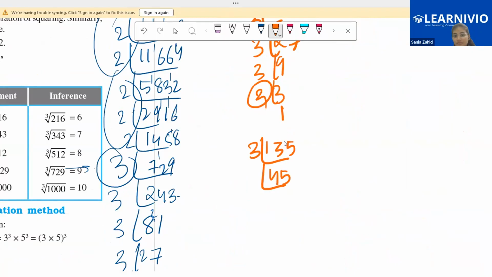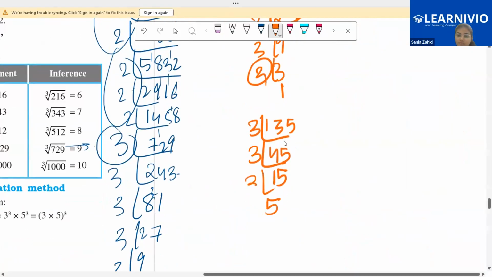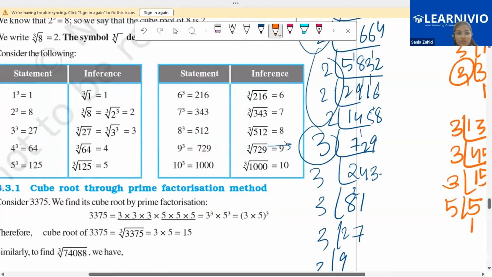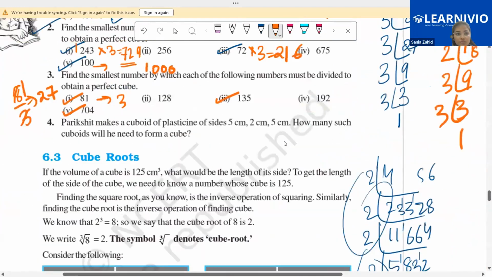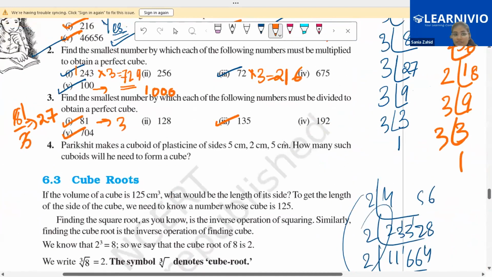Then again by 3, we get 15. And then by 3 we get 5. Okay, so now we have 5. So you must divide 135 by 5, and we get 27 again.